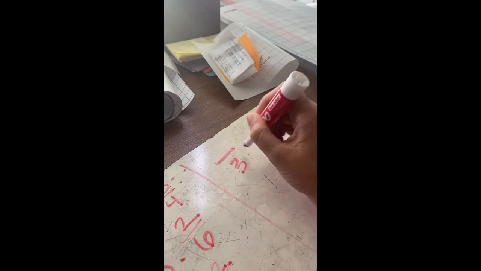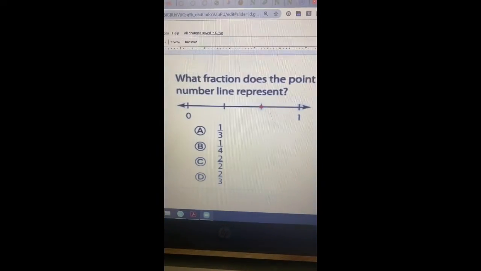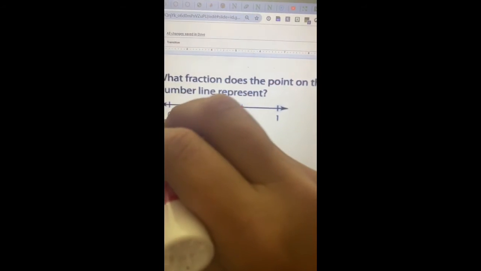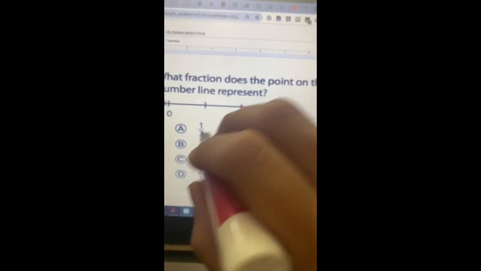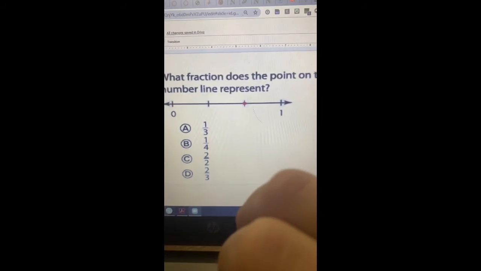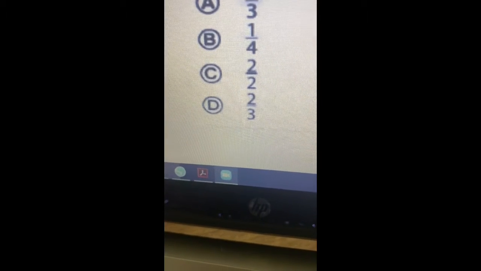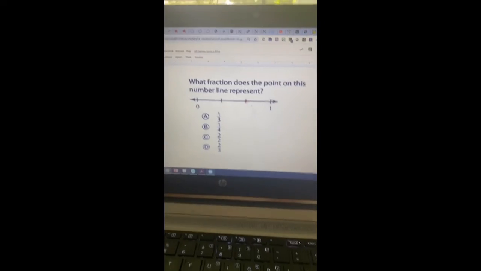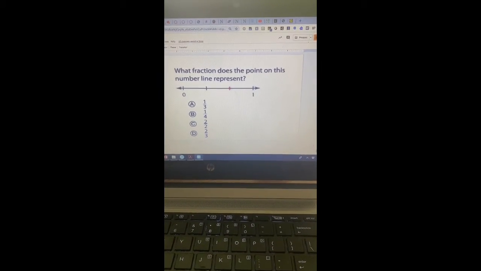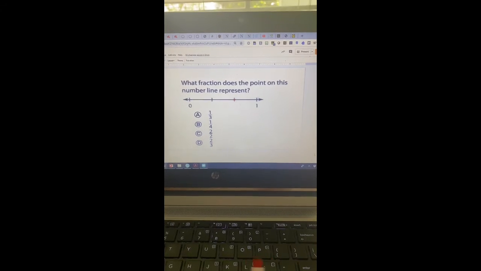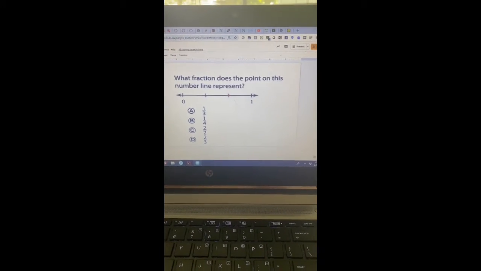I have 3 total parts in my whole. All right, so what fraction is this? 0/3, 1/3, 2/3. Ooh, right there. That point is at 2/3, and D also gives me 2/3. Yay! All right, so D is the correct answer for that problem.